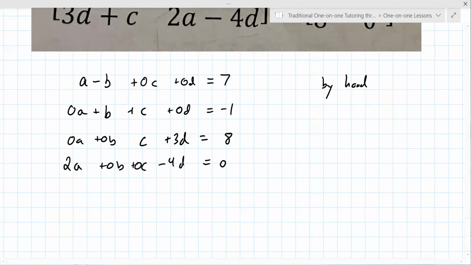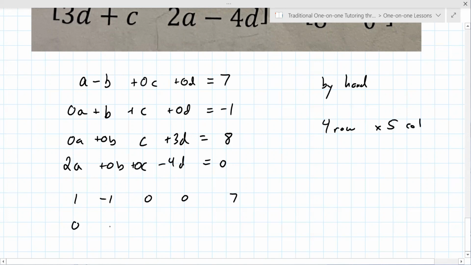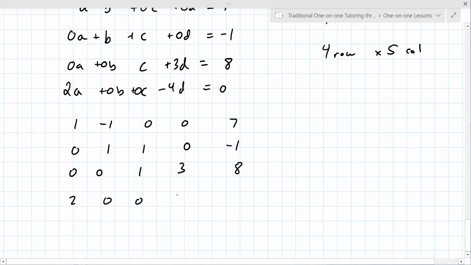Oh, and you said the 0. Yes, so you need a 4-row by 5 column matrix, and you're just writing the coefficients. So 1, -1, a lot of zeros, 0, 0, 7, 0, 1, 1, 0, -1, 0, 0, 1, 3, 8, 2, 0, 0, -4, 0.